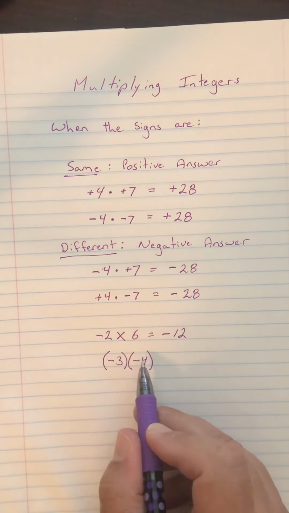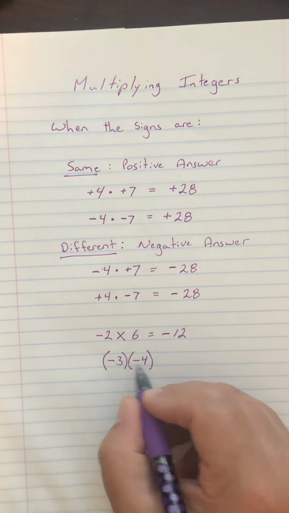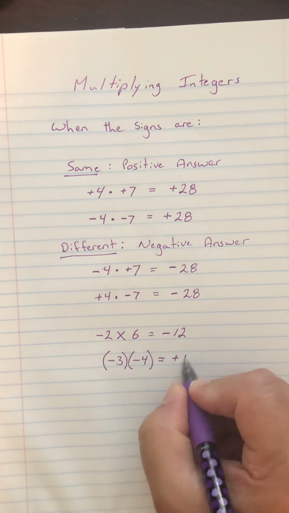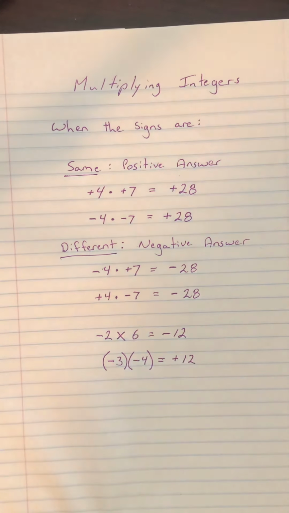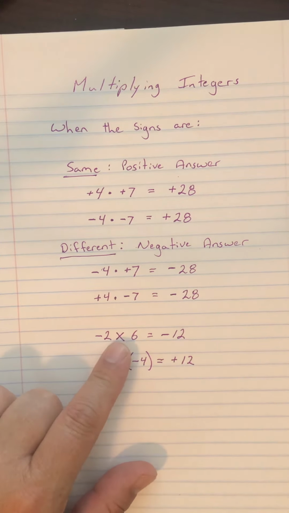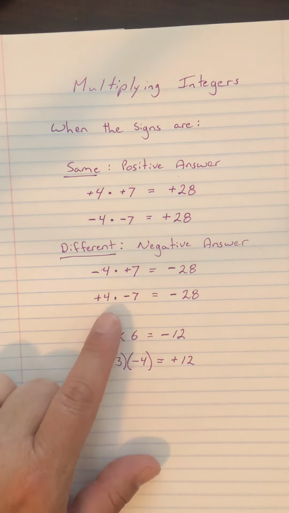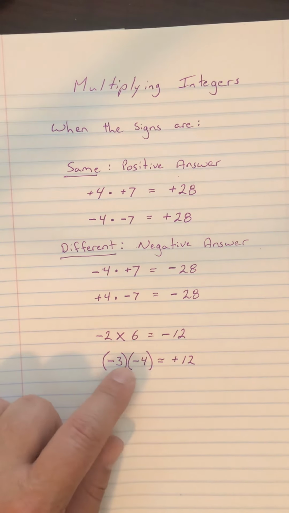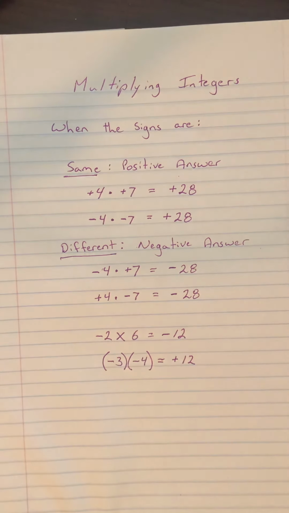So negative times a negative, they're both the same sign, so I get a positive answer. 3 times 4 is 12. And then up above we have the dot. So we have the big X, which you don't see very often. You have the dot, you see that quite a bit. And you see it where just two numbers are touching, either in parentheses or brackets or some other way. But that denotes multiplication. That's all there really is.